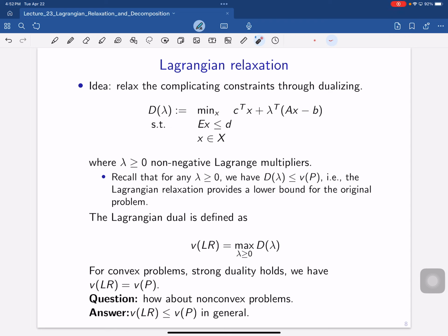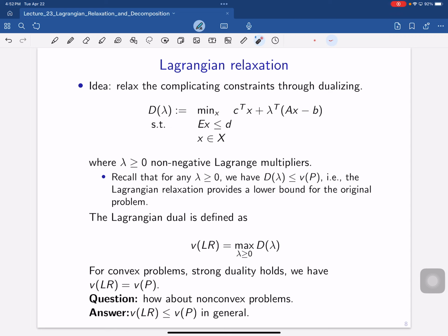And you probably still remember the Lagrangian dual is defined as the lambda that gives you the tightest lower bound, right? So since for each lambda greater than or equal to 0, d(lambda) is a lower bound, you are interested in providing the tightest lower bound possible, using the Lagrangian dual, right?